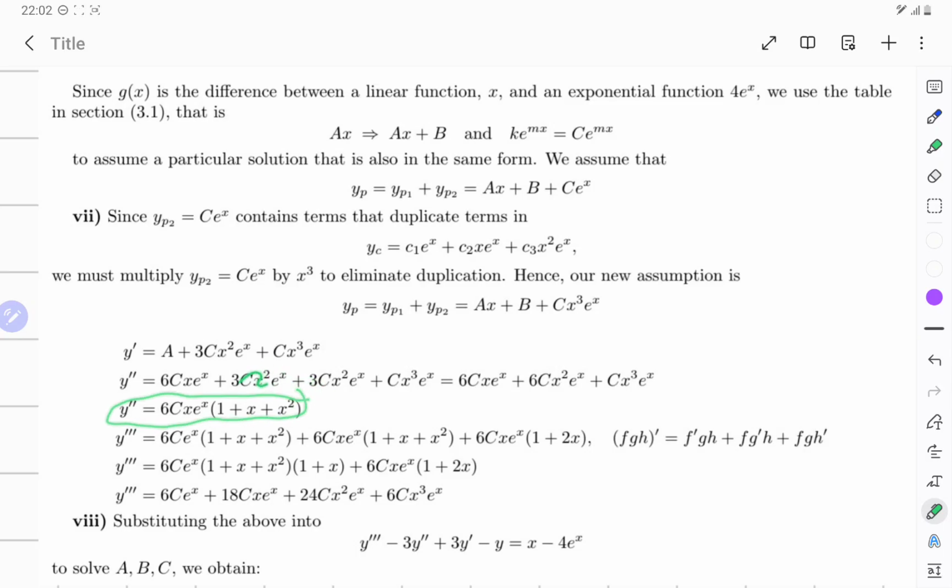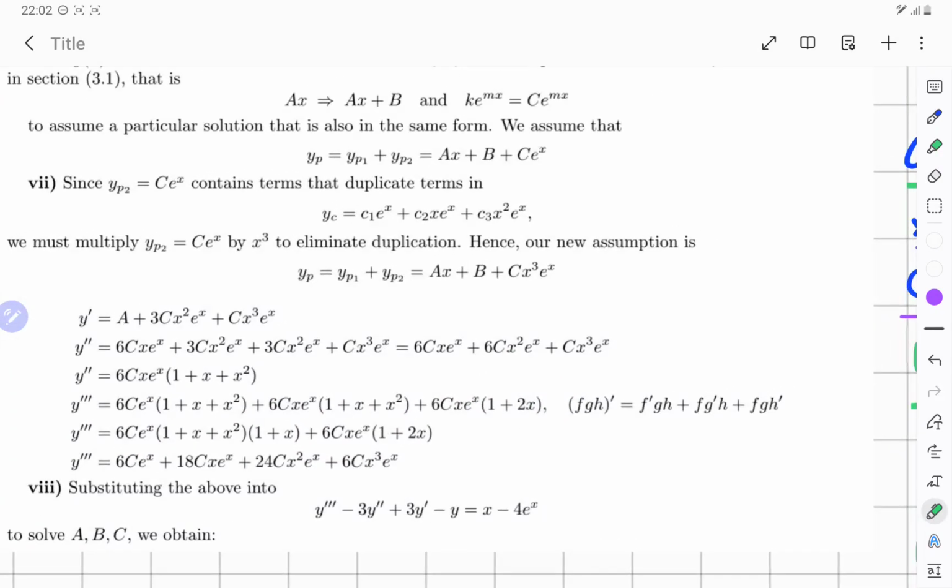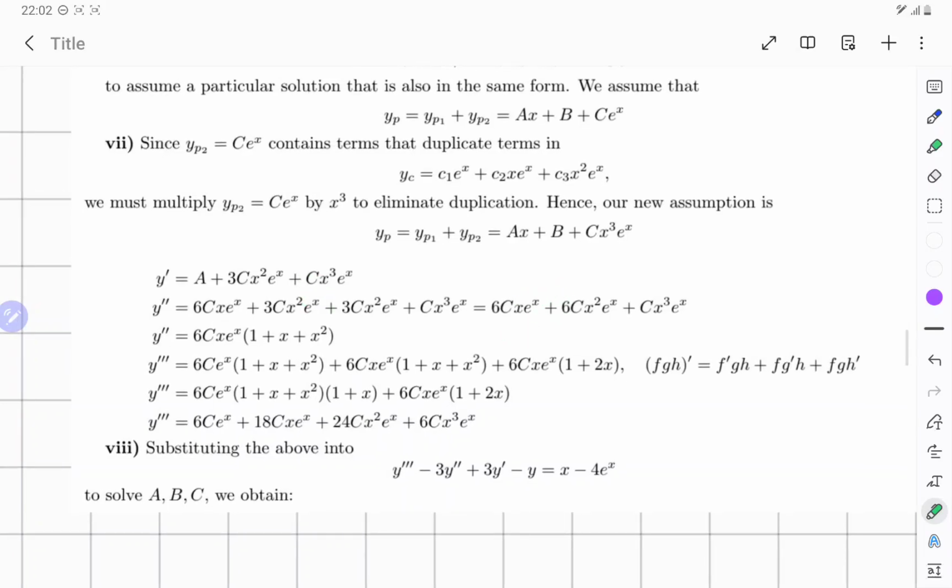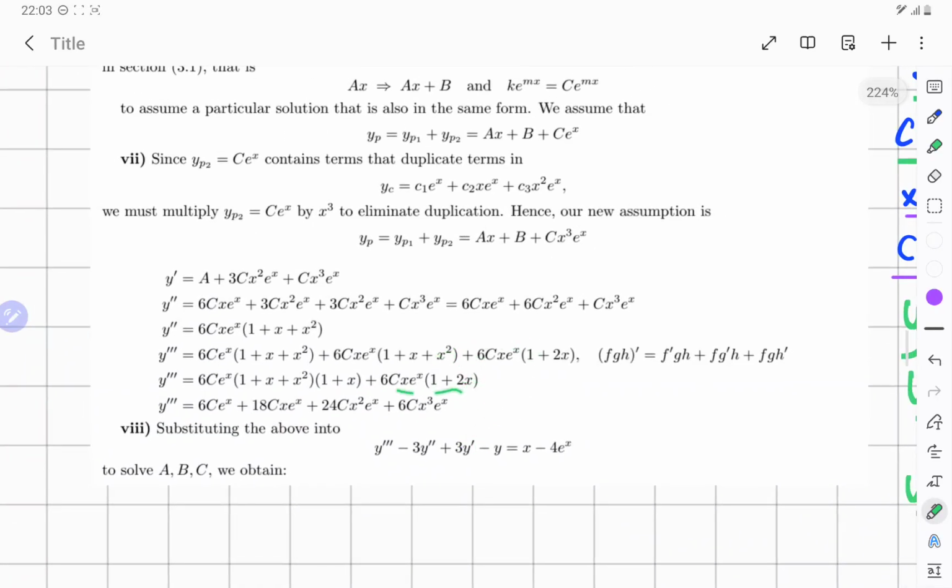I've done the product rule again so that I can get the third derivative. After this lesson, you can just make sure and verify that you got exactly what I got. There are different methods. For instance, you don't have to take out the common factor as I did here. You can just do the product rule with each term, and then if you derive that, you will get your third derivative.